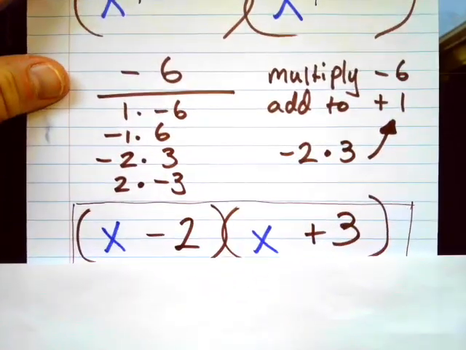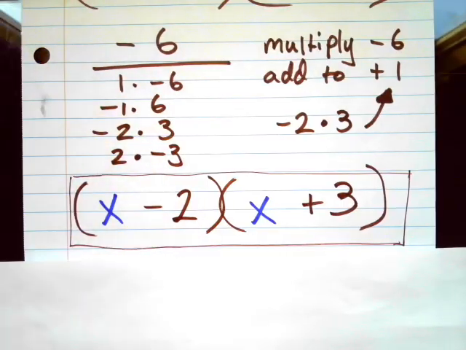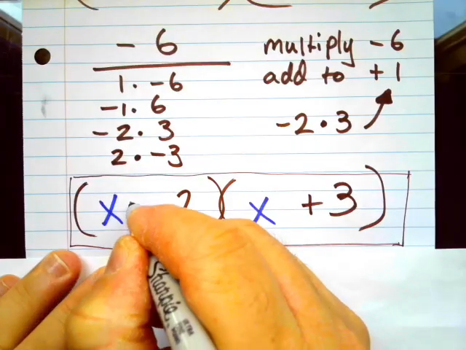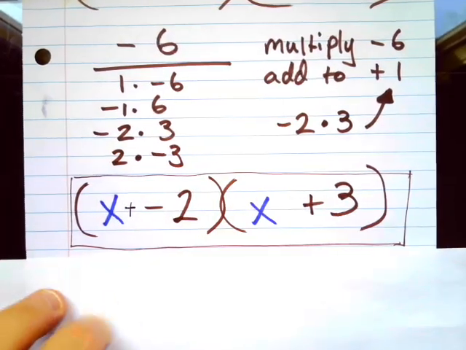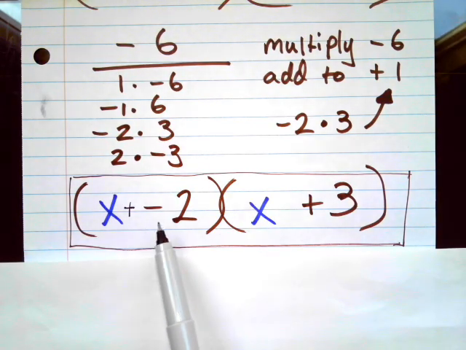I have x minus 2 times the quantity of x plus 3. Is it okay for me to put a plus sign right there? Absolutely. This just means x plus a negative 2 value. That perceived subtraction sign is really a negative that goes with that value of 2.